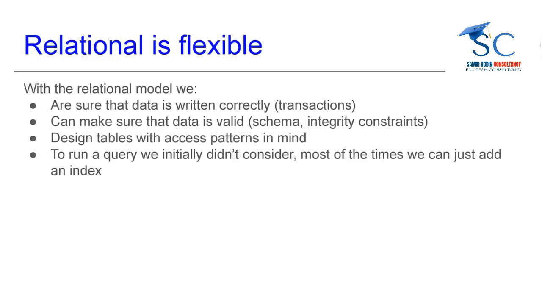Even if something bad happens, even if the server crashes, your data is there, which is generally what you want. And also, you typically design tables keeping in mind how you will use them. And if at some point you need to use them in a completely different way and run a query that you didn't have in mind previously, well, most probably you can. Maybe you will have to add another index, but it will work and probably it will be fast.